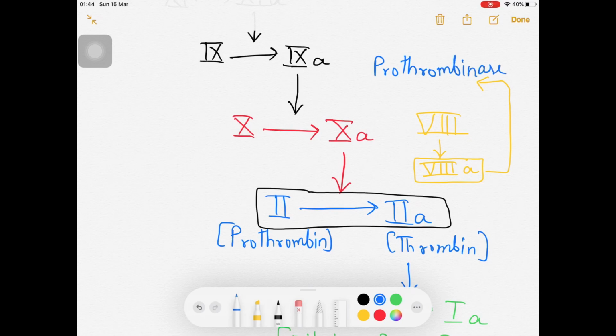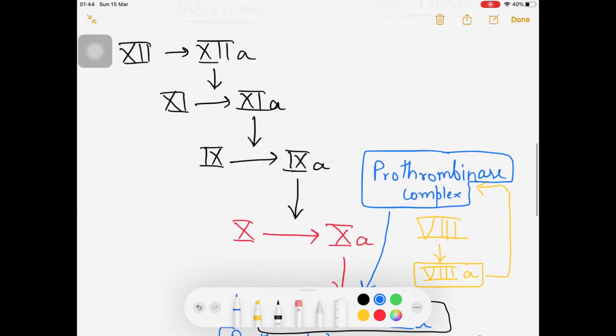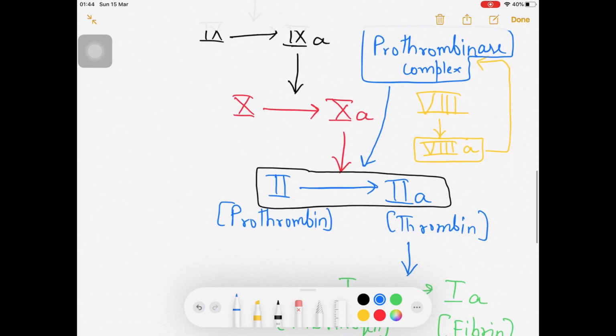Prothrombinase complex, and this prothrombinase complex is helping in this conversion, right? So if you look at our question, once again, this was the coagulation cascade pathway where the conversion of second into second a is happening with the help of 10a and the prothrombinase complex.